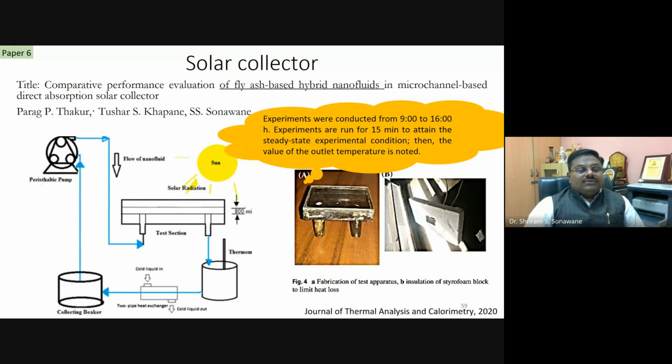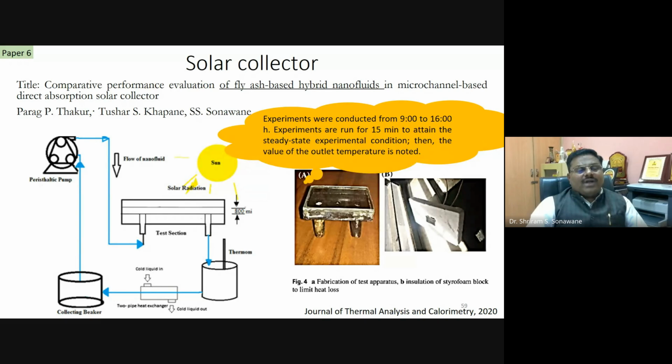This is the solar collector. We have checked this by incorporating microchannels, and one particular assembly has been made. The experiments were conducted from 9 to 4 o'clock. Experiments were run for 15 minutes to attain the steady state condition, then the value of the outlet temperature was noted. The theme of the study was the comparative performance evaluation of fly ash based hybrid nanofluid in a microchannel based direct absorption solar collector.